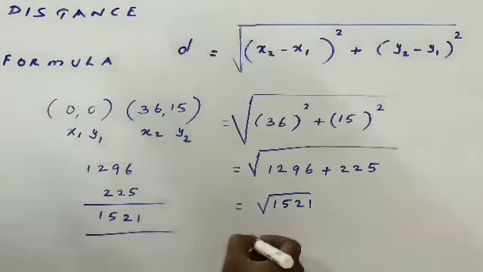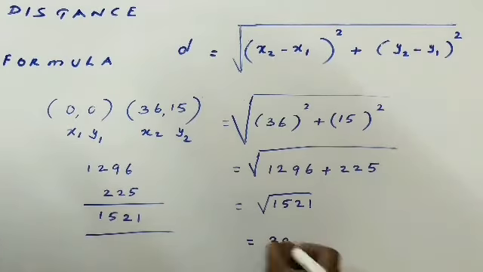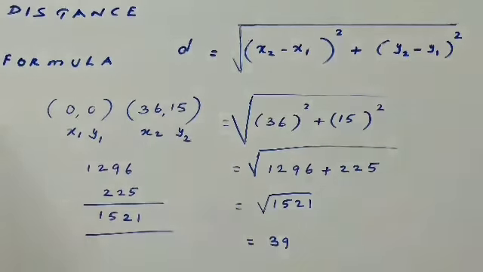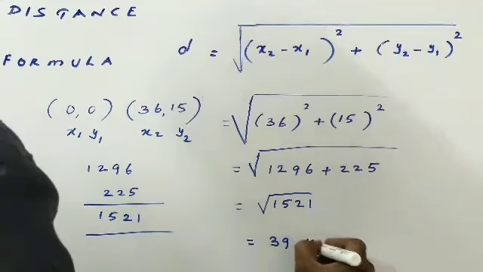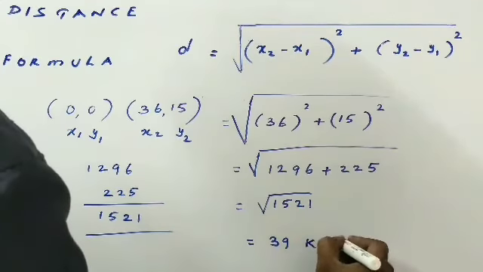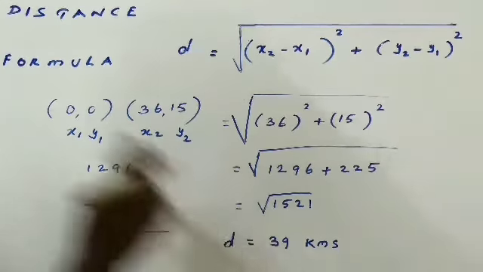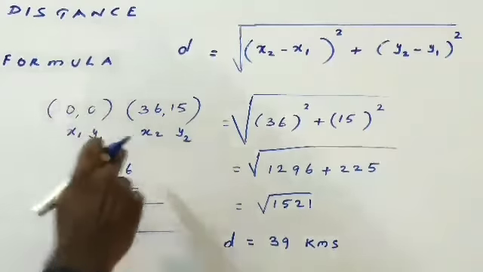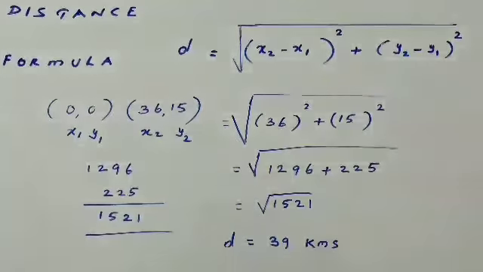So 39 into 39 gives a value of 1521. Now they are asking for the distance in kilometers, so write the answer in kilometers. The distance between the points (0, 0) and (36, 15) is 39 kilometers.